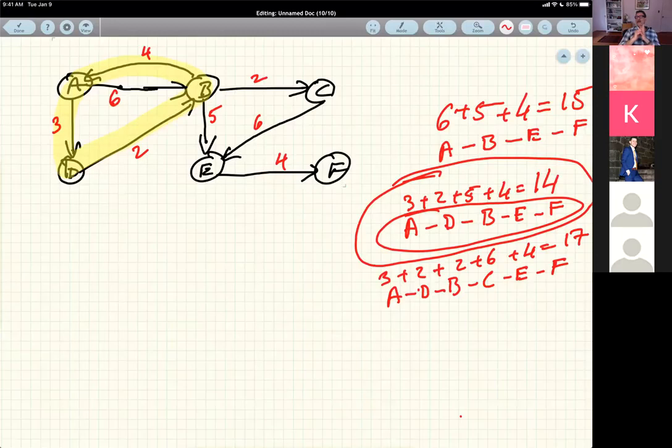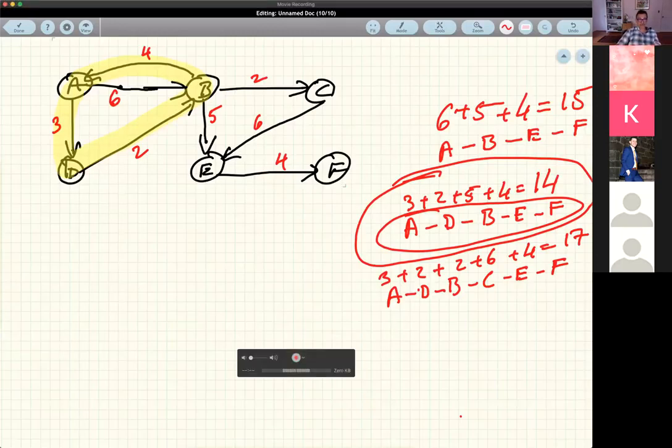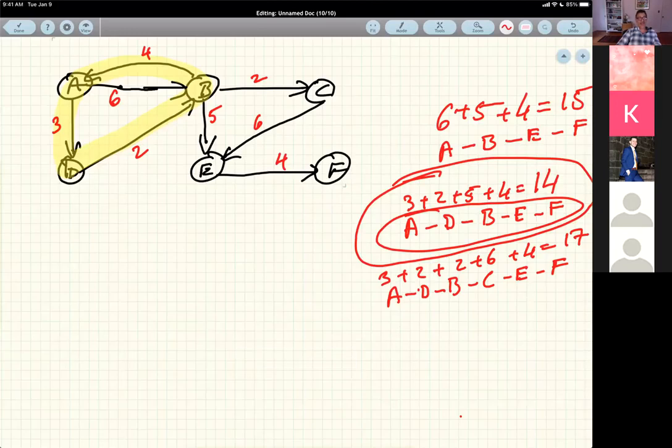Okay? So weighted graphs are very important in GPS usage and in graph algorithms in general. So that is weighted graphs. Any questions on weighted graphs or anything that we have talked about as far as graphs are concerned?